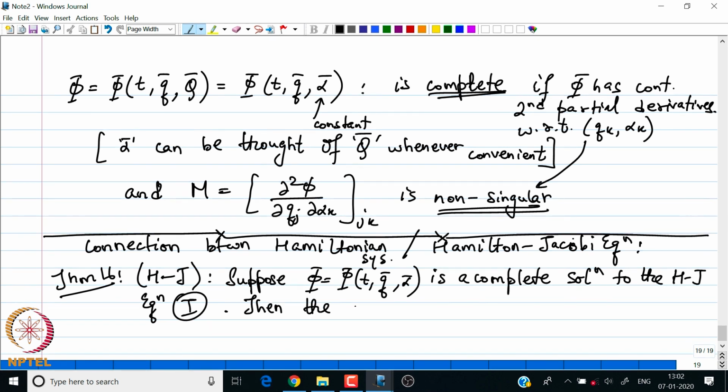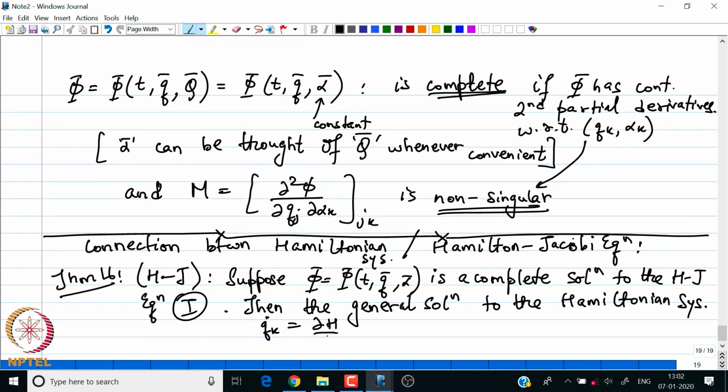the general solution to the Hamiltonian system, this system q dot k, which is given by del H del p k, and p dot k, which is minus del H del q k.